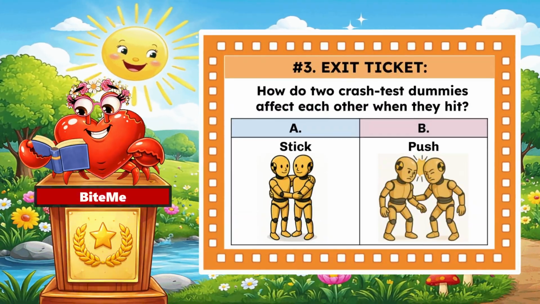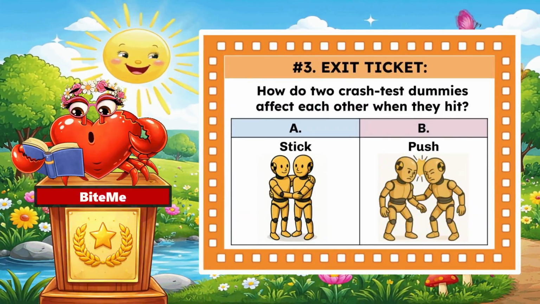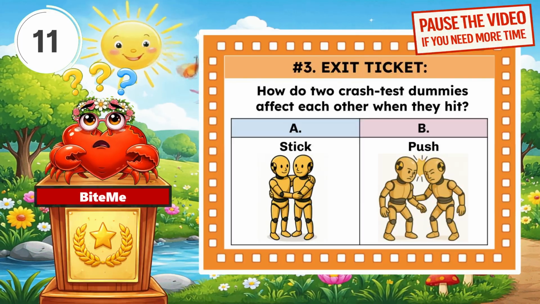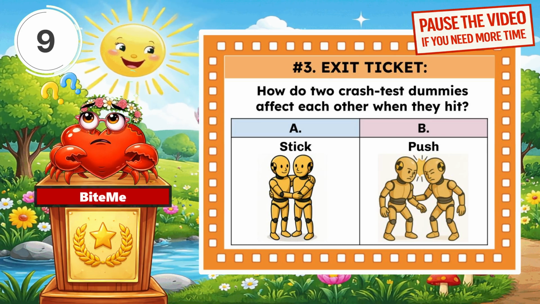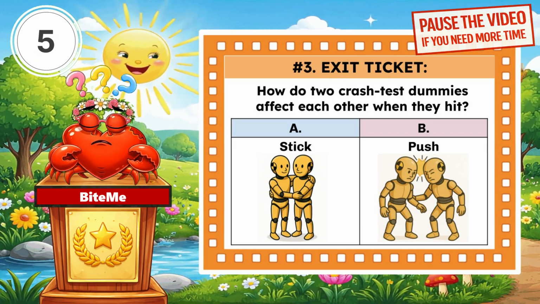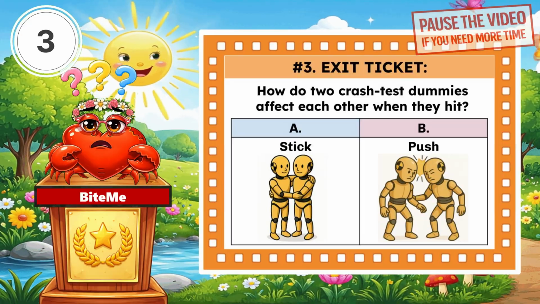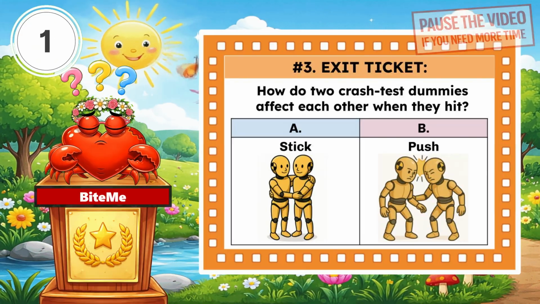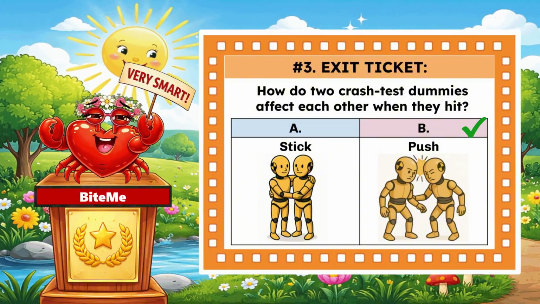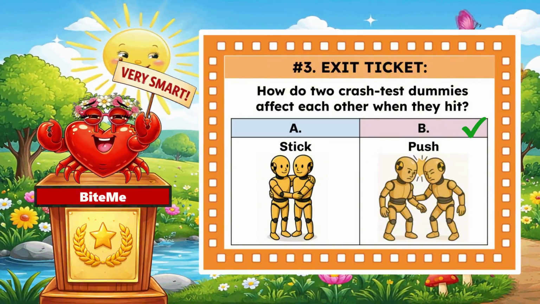How do two crash test dummies affect each other when they hit? And the correct answer is letter B, push.